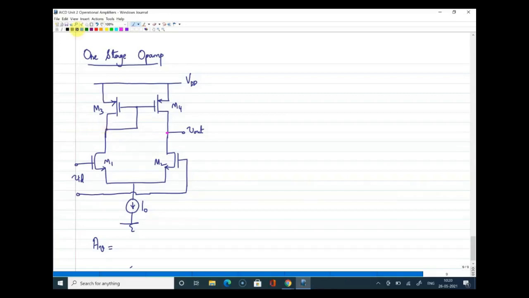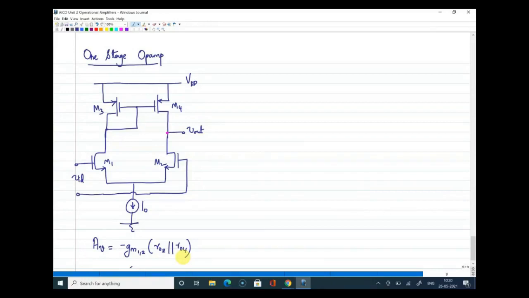But the expression will come as minus gm of 1 or 2 into ro2 parallel to ro4. We cannot write it as ro1 parallel to 1 by gm3 parallel to ro3, because that is not the side where we are taking the output. Is that clear, Anup? Yes, sir. Okay, thank you.